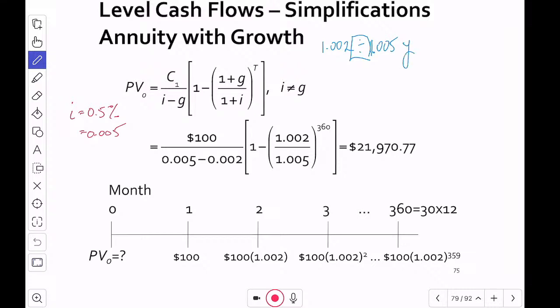And then I'm going to say equals. And then I'm going to raise it to the power of 360. And I'm going to say equals again. And that will give me this piece here.